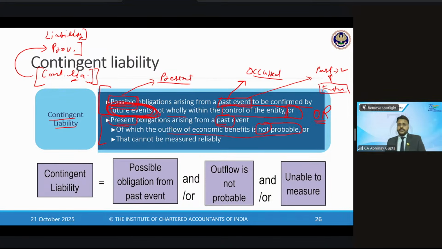Clear. Now, why is the standard looking for a disclosure for contingent liability? What is the objective? To make the users of the financial statements understand. Right.